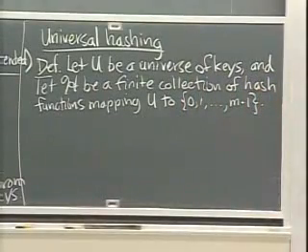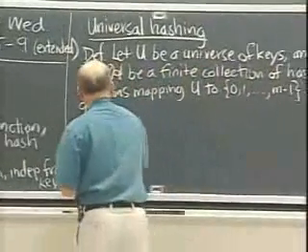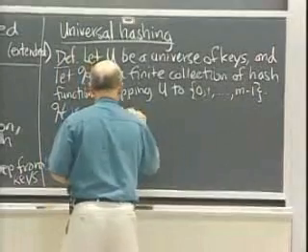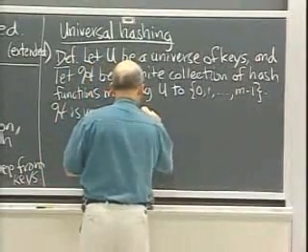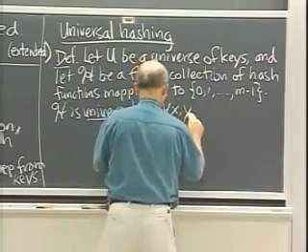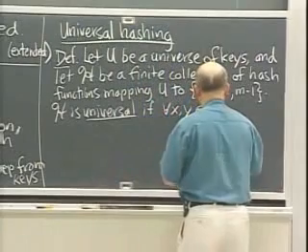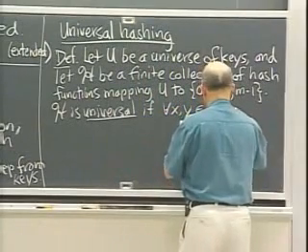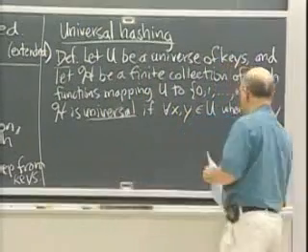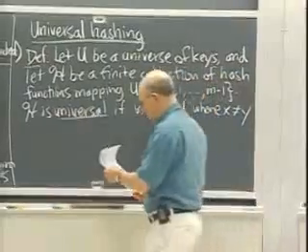So we just have H is some finite collection. And we say that H is universal if for all pairs of the keys, distinct keys, so the keys are distinct, okay, the following is true.